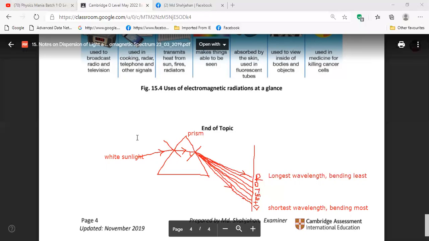It is the normal. Another normal. Then we have the screen. Screen, okay.